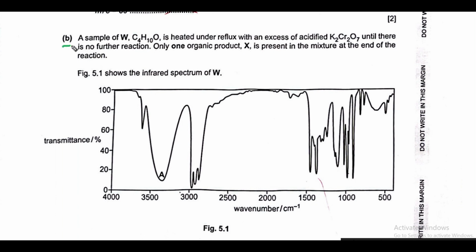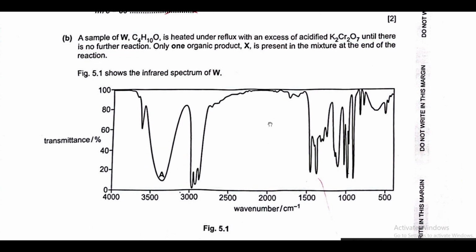Now you see part B. A sample of W, C4H10O, is heated under reflux with excess acidified potassium dichromate until there is no further reaction. Only one organic product X is present in the mixture at the end of the reaction. Figure 5.1 shows the infrared spectrum of W. This is A. It is an alcohol, an O-H peak, a broad peak is given.